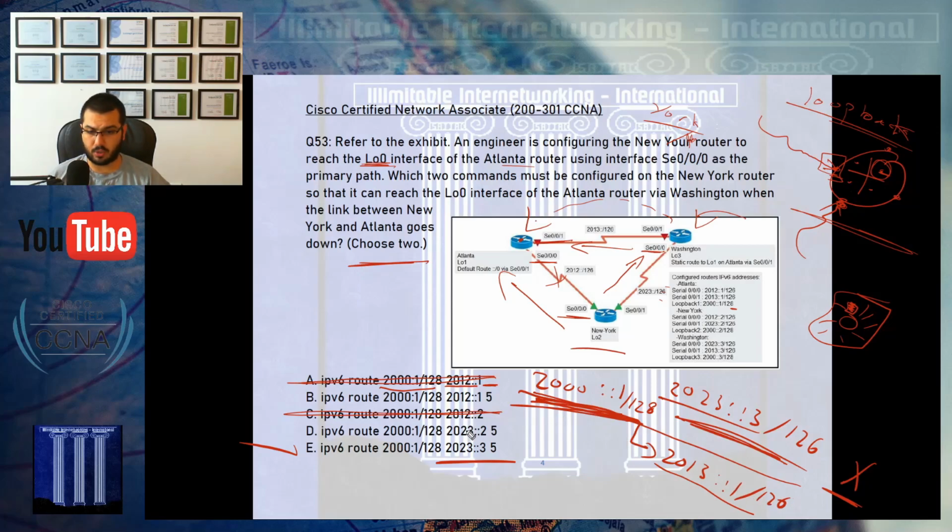So of these 2 options, I will need 2013, not this one, 2013, neither this one. Okay, so now we have a big problem.